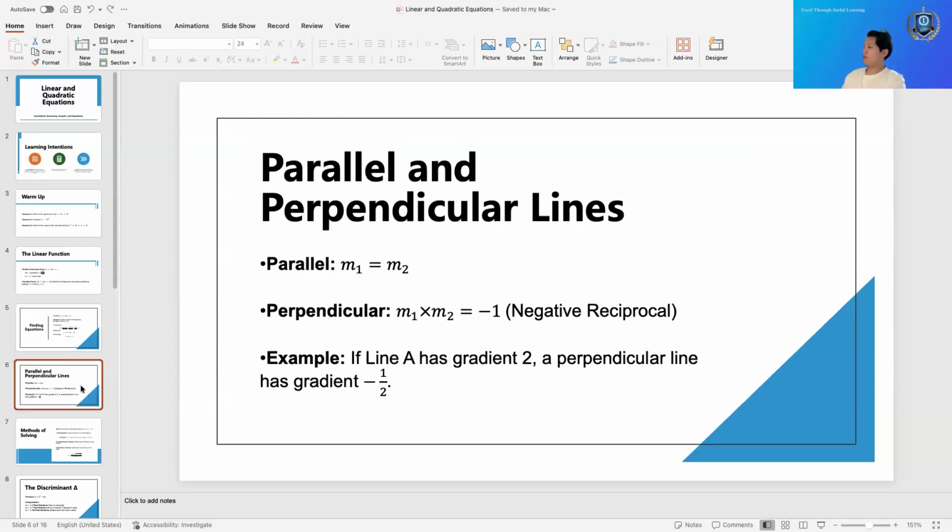Now, moving on, parallel and perpendicular lines. Did you guys cover this yet? In the sense that, what's the difference between them?